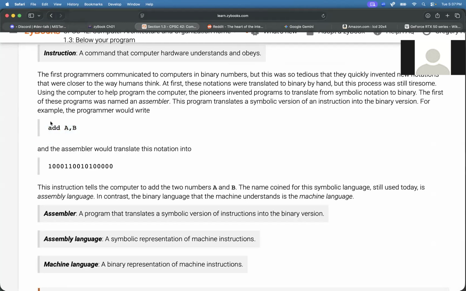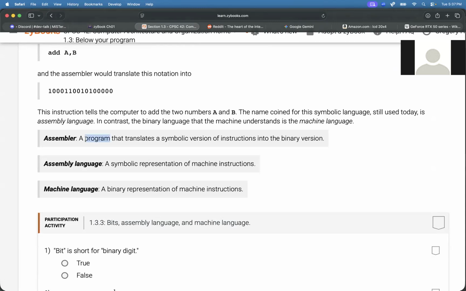It's easier to look at something that says add a comma b than it is to look at zeros and ones, right? So assembly language is easier to program in. And at some point, though, that's still too hard, and that's why they invented programming languages like C or C++ or Java, things like that, that are even simpler to understand and can do more complicated things.